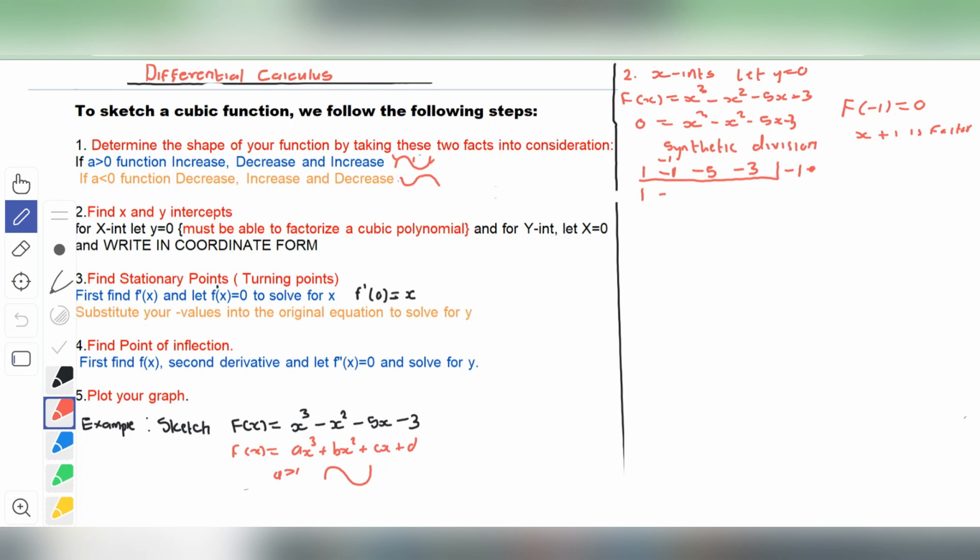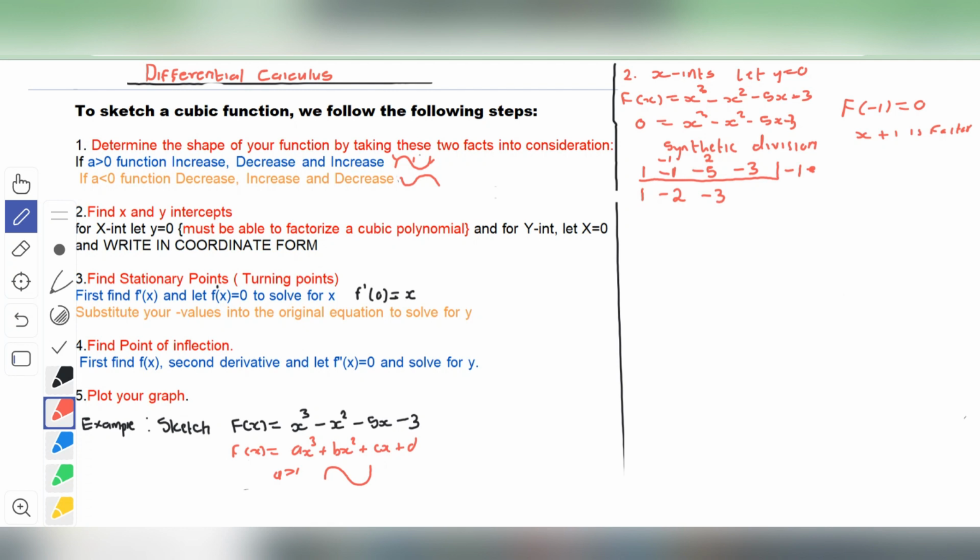It gives us -2, right? Then we take this -2 and multiply it by -1 here, like I said. Therefore, -2 multiplied by -1 gives us 2. We write it from the third term. And then 2 plus -5 is going to give us -3, right?